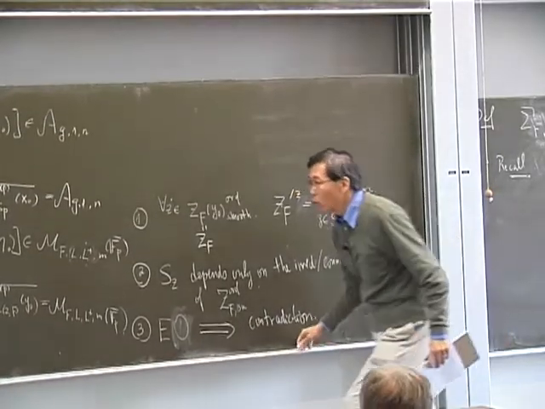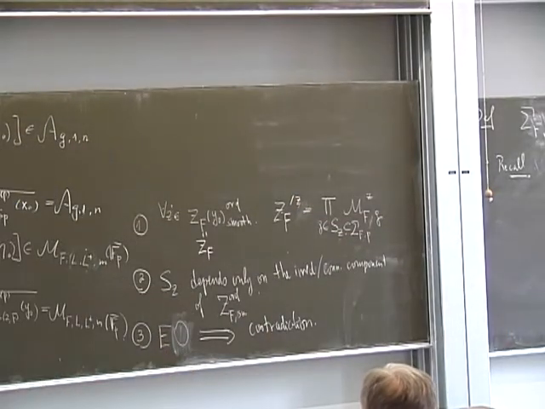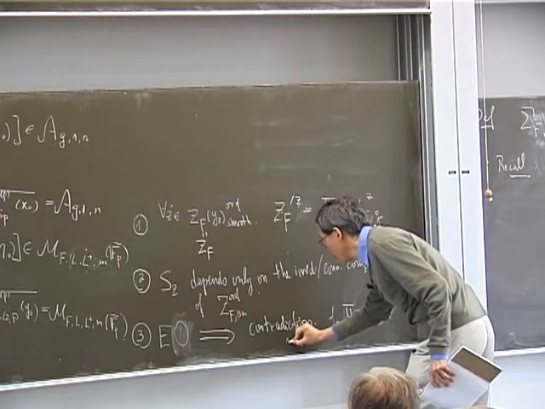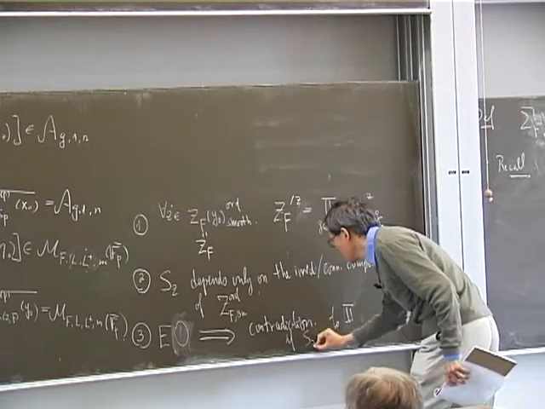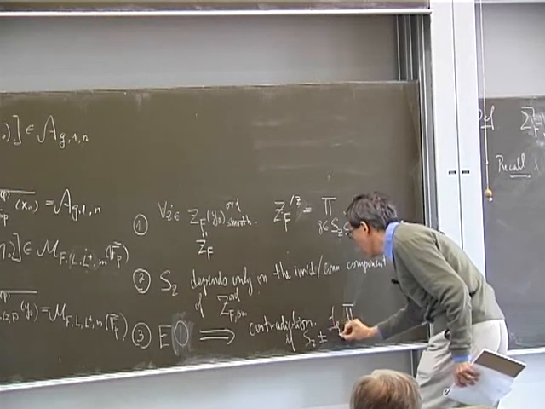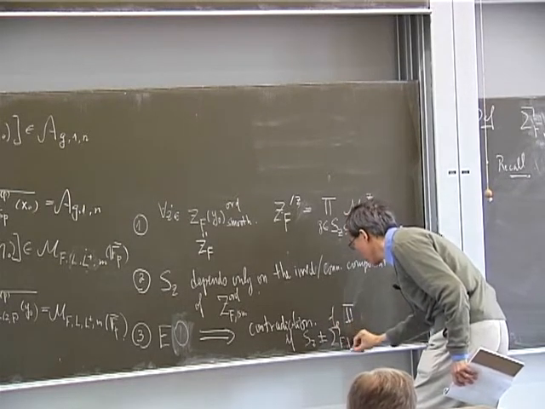These three steps will prove the density of Hecke orbits, a contradiction to 2, if S_Z is not equal to the whole thing. We want to show that it's the whole thing.